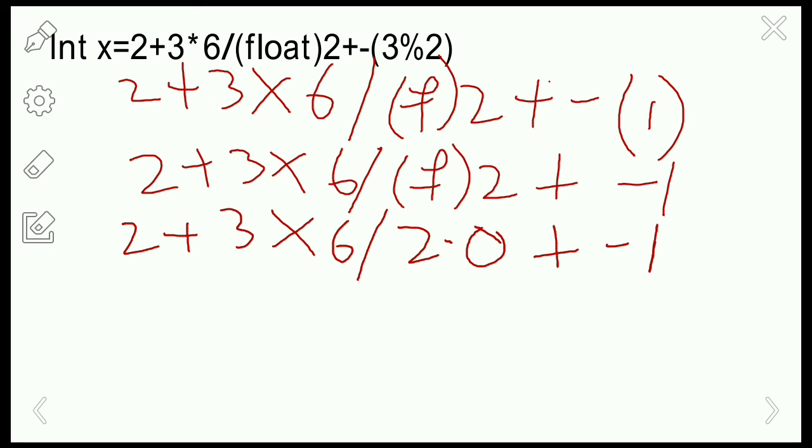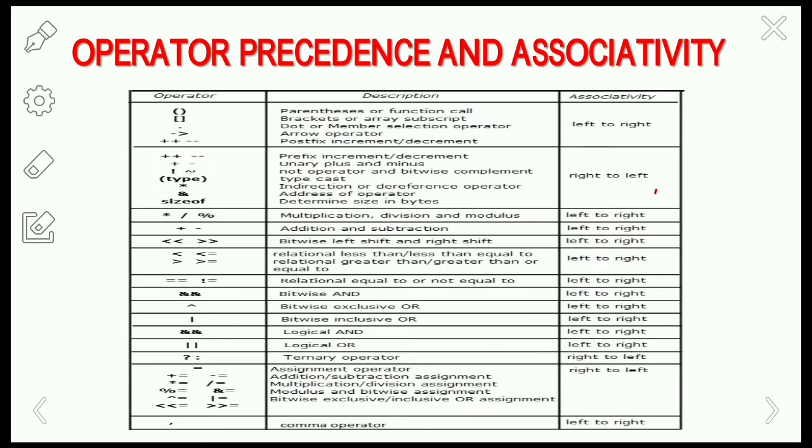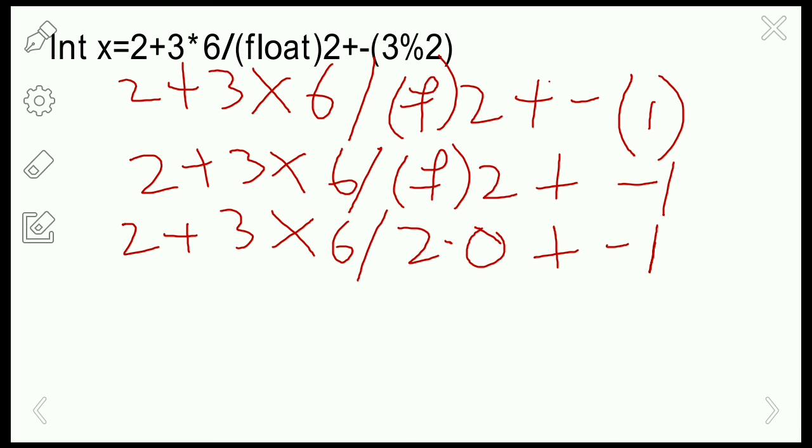Now which one has the highest priority here? Multiplication and division. Here associativity plays a key role, because the statement has both multiplication and division operators with the same precedence, so we follow the left to right associativity and solve starting from the left.